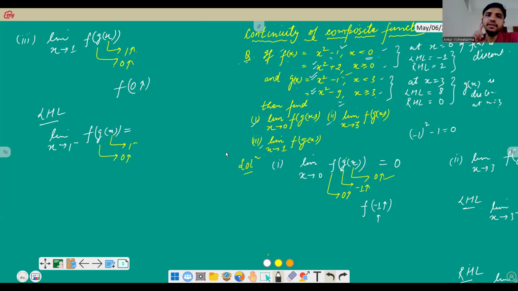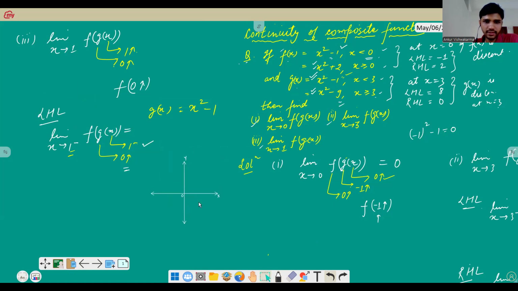But from which side it is approaching 0, that we need to check. So we will draw the graph of g of x.